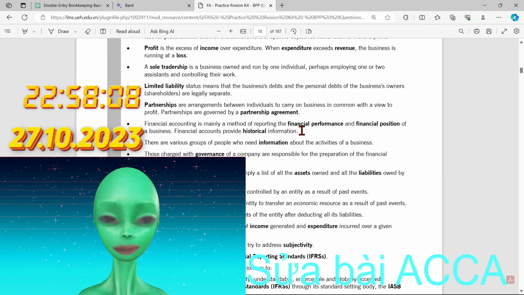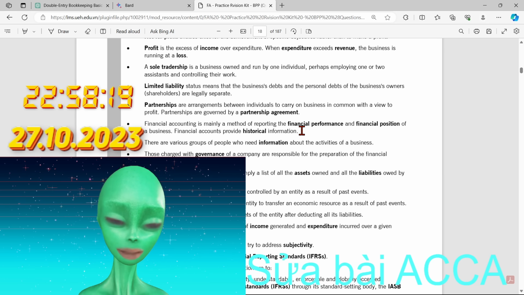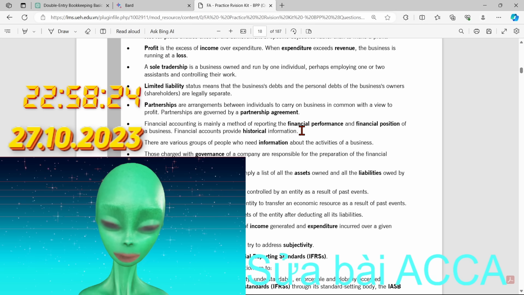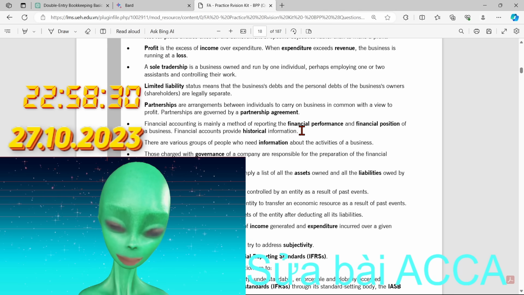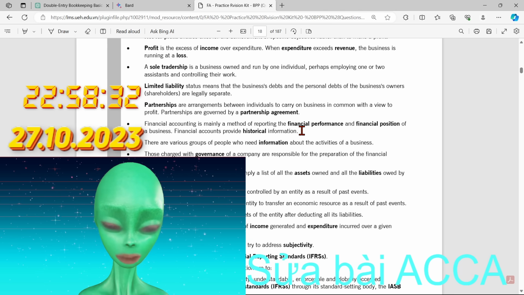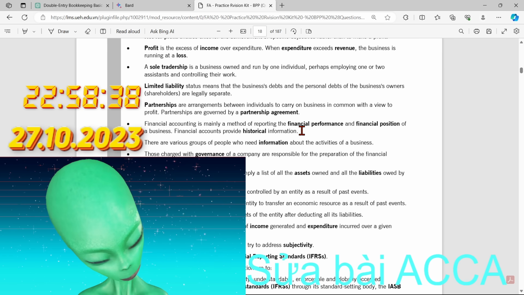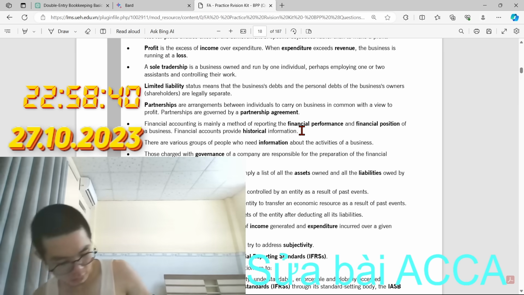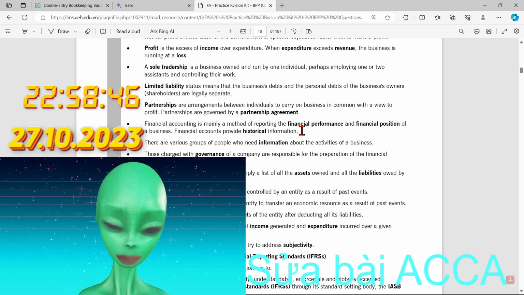Financial accounts provide useful historical information. There are various groups of people who need information about the activities of the business. Those charged with governance are responsible for the preparation of the financial statements.